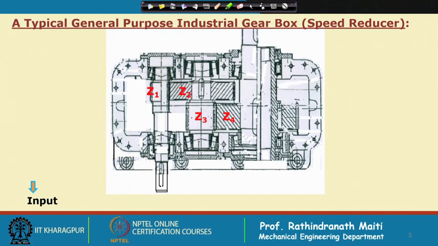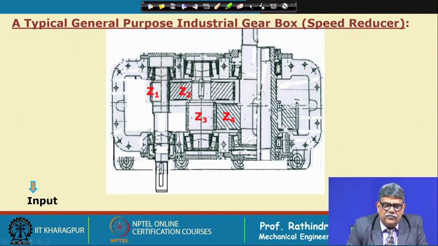Now, what I have shown here is a typical general purpose industrial gearbox speed reducer. What we find here, say this is a shaft and here is a pinion mating with a gear, and then on the same shaft there is another pinion which is meshing with another gear.